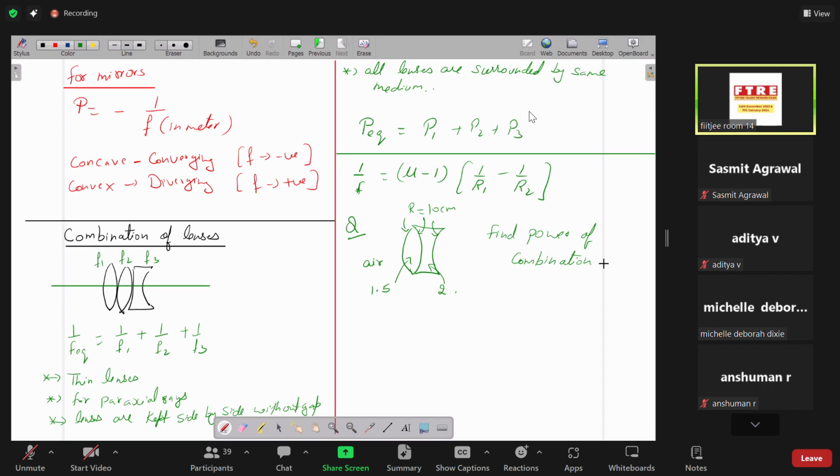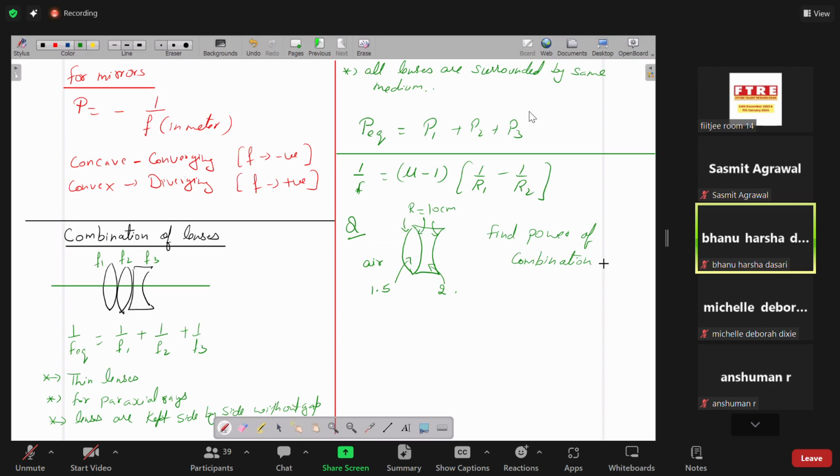R1 and R2 are the radius of curvature of the first refracting surface and the second refracting surface. Ma'am, is it negative 10 diopter? Minus 10.